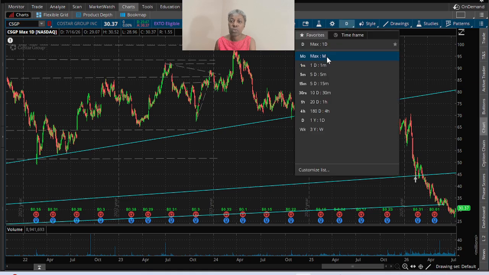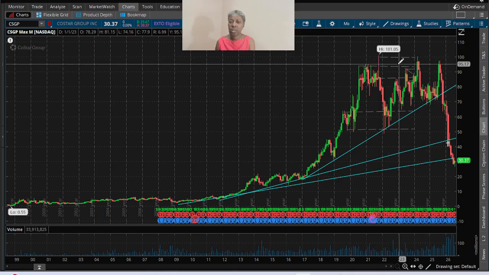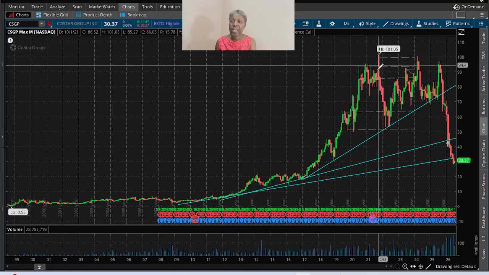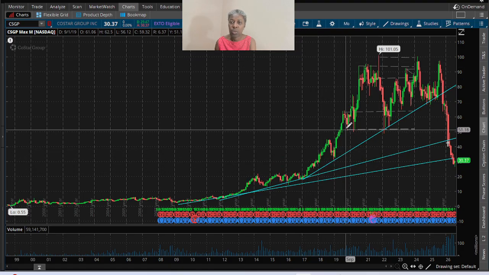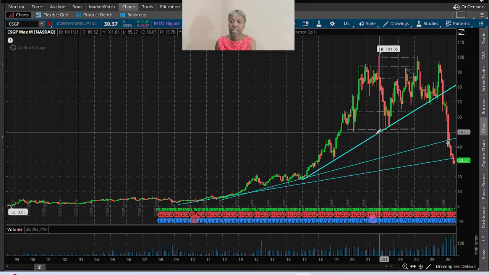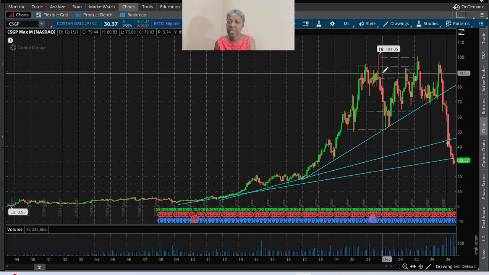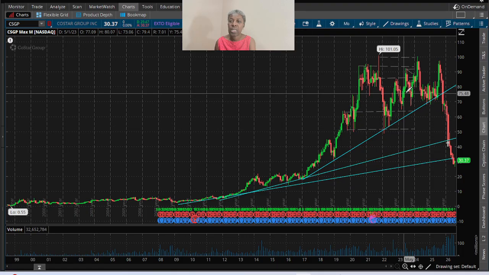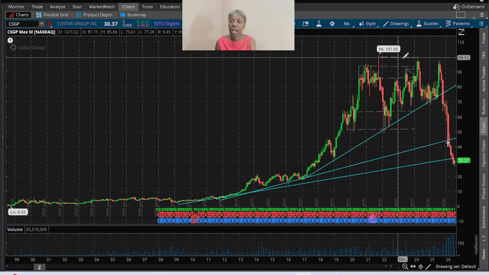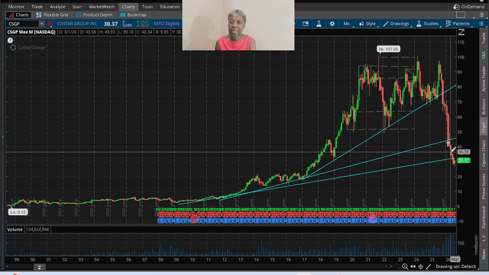So I'm going to go to the maximum monthly chart, and I'm seeing the all-time highest price is in 2021. Then it has about three years of growth there, and then about six months of drop, and then it went up here but didn't surpass the all-time highest price, came back down, went up again, and came back down.